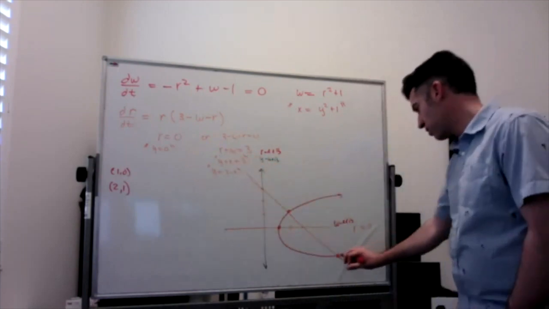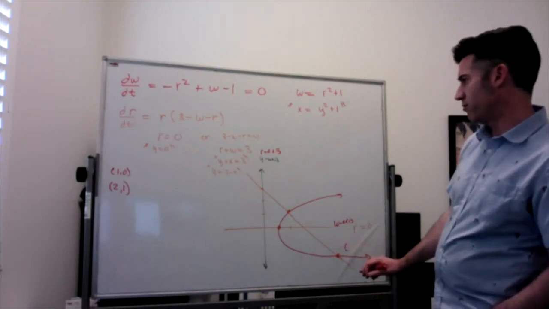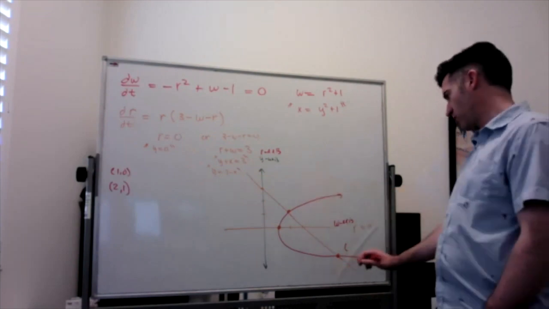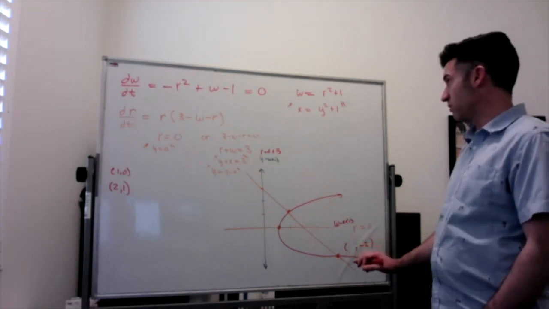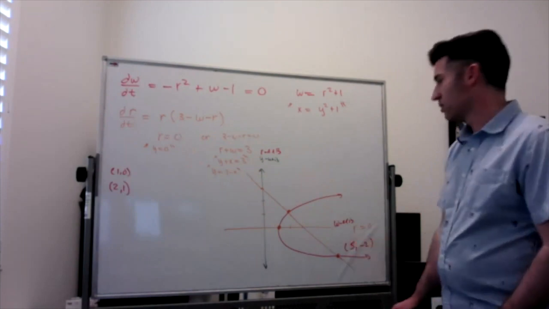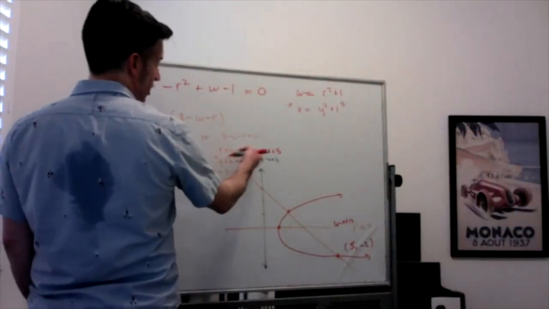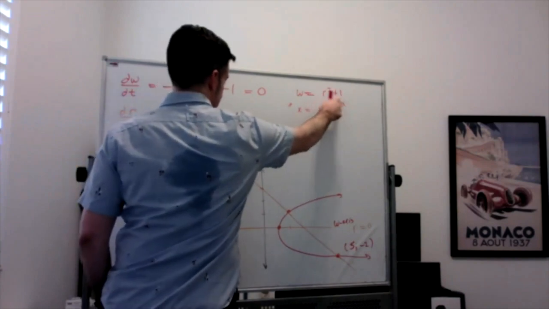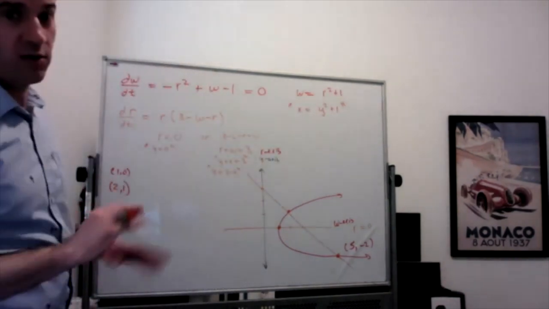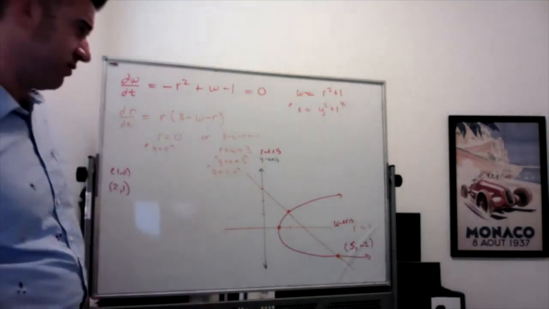And then there's also another point down here, which I think R is -2, and I think W is 5. Yep. 5 plus -2 is 3, and -2 squared plus 1 is equal to 5. Check. So those are equilibria. You can totally find them by setting things equal to each other, but I want to use these last 4 minutes to kind of tackle this.